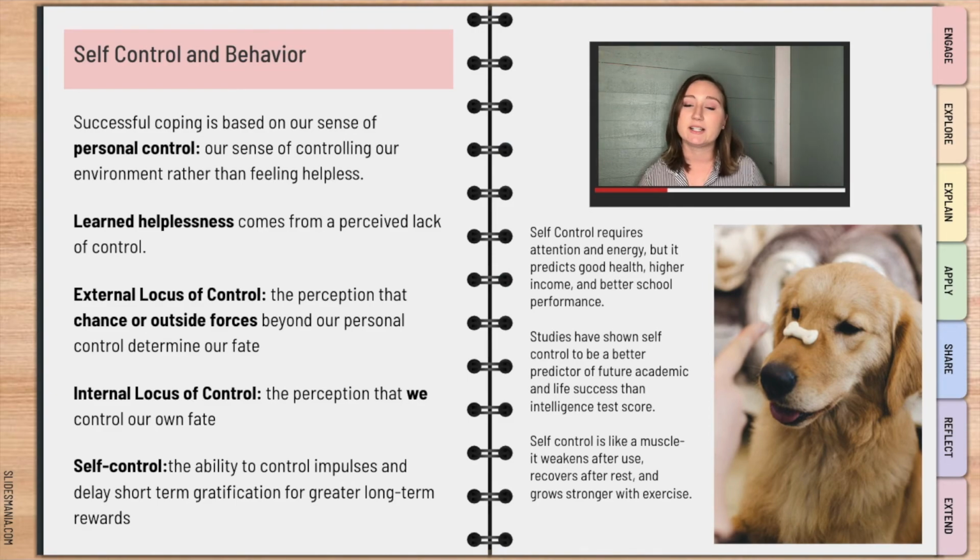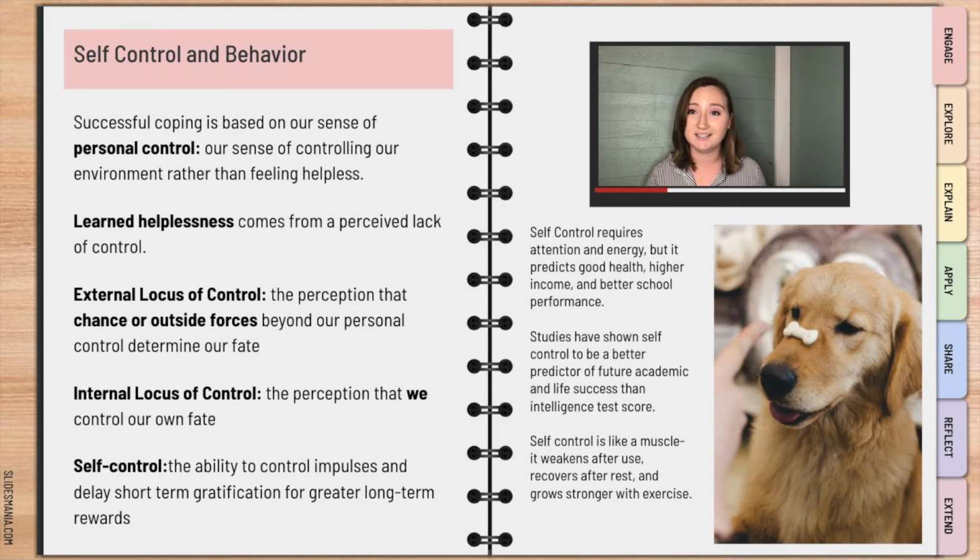Self-control requires attention, it requires energy, but it's actually a really great predictor of good health, of higher income, of better school performance, because if you feel like you're in control of your behavior, you're going to perform better. Why not? Studies have shown self-control to be a better predictor of future academic and life success than the IQ score.